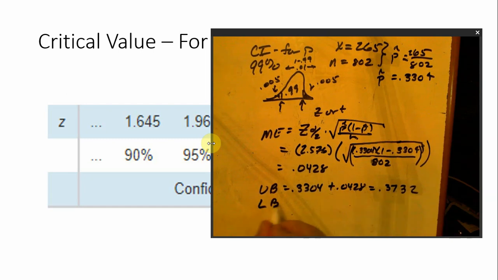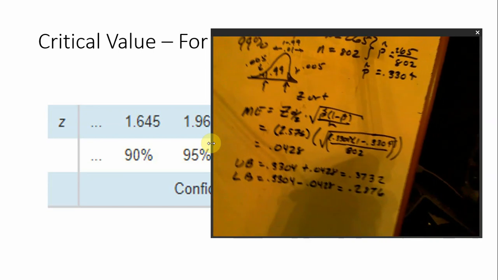And my lower boundary is just this minus that, at 0.2876. And that gives it to us.